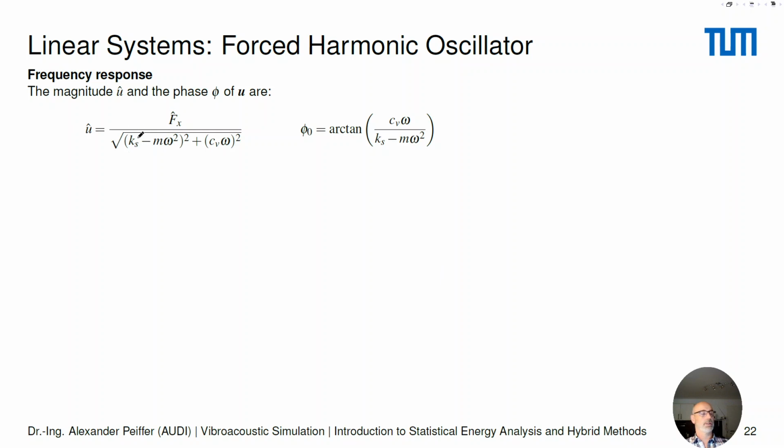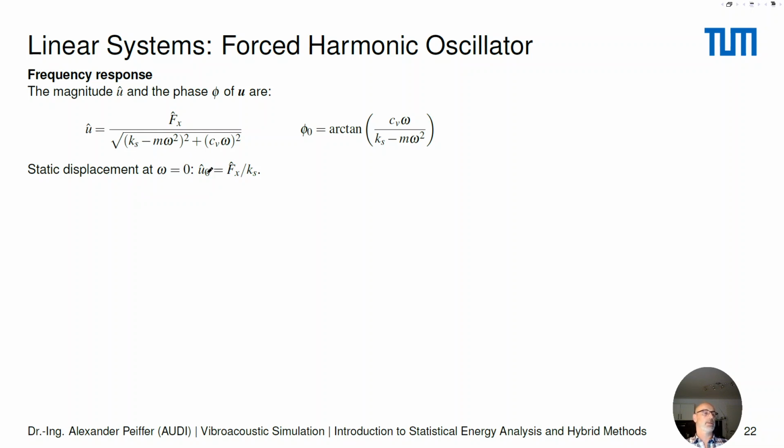We see here an expression that relates stiffness and mass with a certain resonance effect, and we have the additional damping effect, which is given by the second part. To write this in a good form, we use the static displacement as normalization.